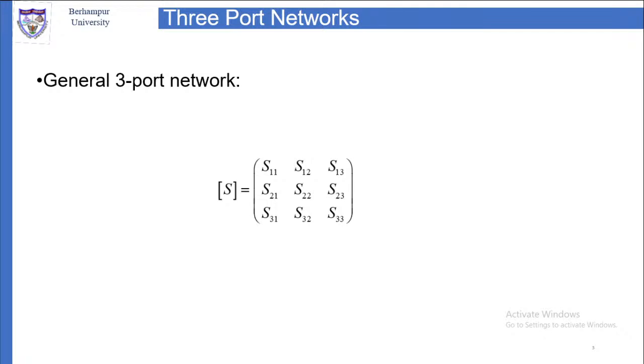So the S matrix will be in this form. Our job is to find out what will be the components or elements of the S matrix. Once we know what a power divider is, for different power dividers, we have to find out the elements of the S matrix.